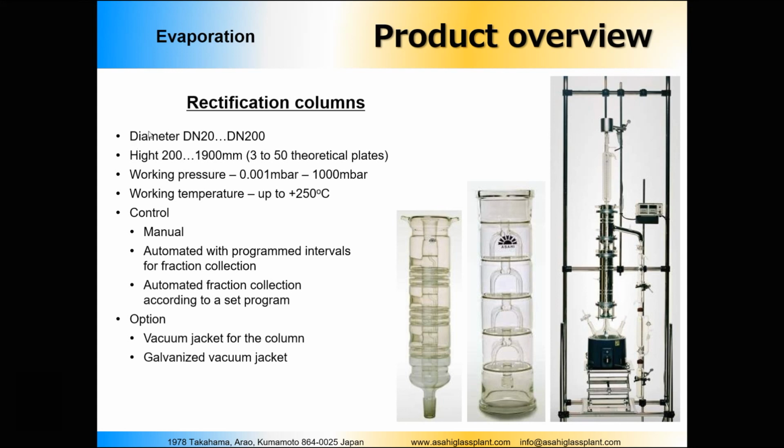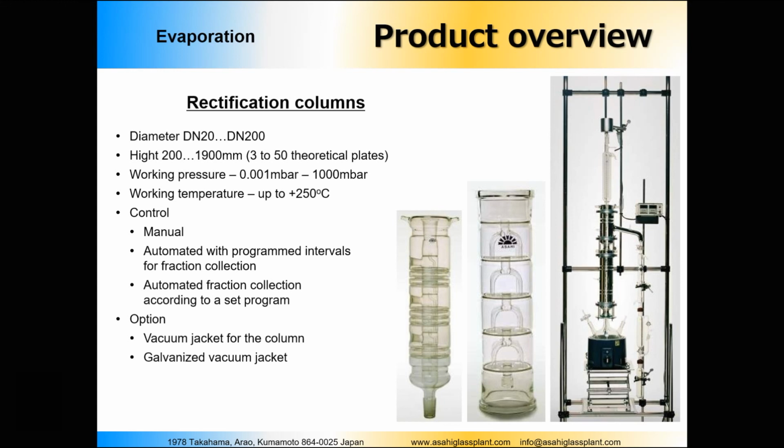The diameter varies from DN20 to DN200, height up to 2 meters, roughly 3 to 50 theoretical plates. That's the theory you need to know in order to choose the proper column. Working pressure from atmospheric down to 10 to the minus 3 millibars, working temperature up to 250.